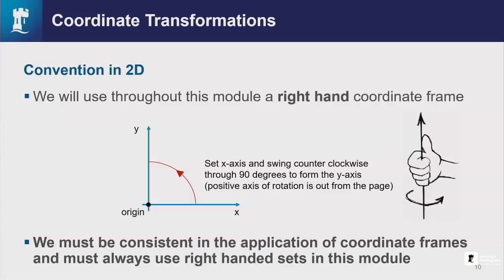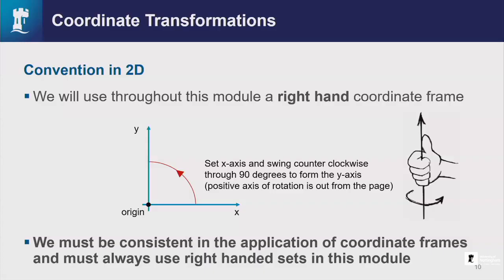If we have that here, that's our XY coordinate system. The axis of rotation is coming out towards you at the origin. Thumb along the axis, curl your fingers round, and the positive direction of rotation is such that it will rotate x up to y.